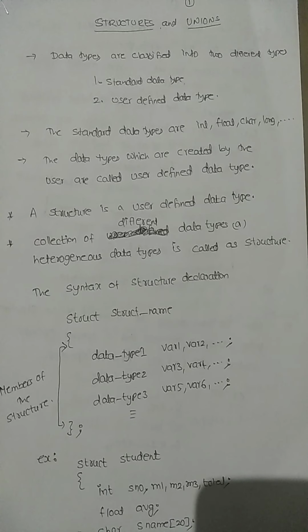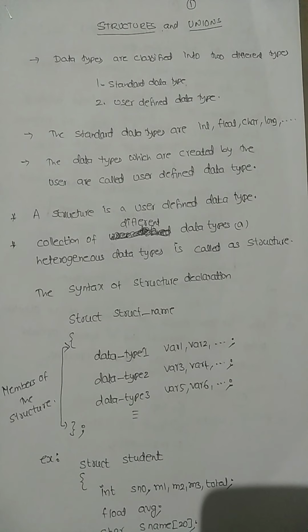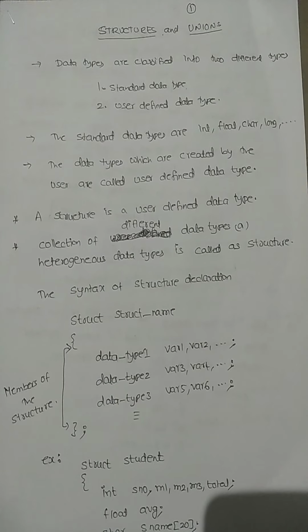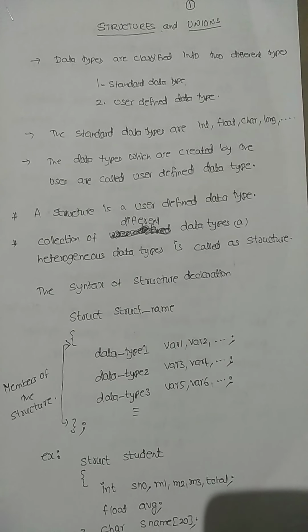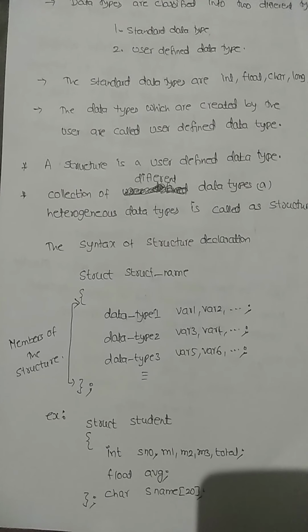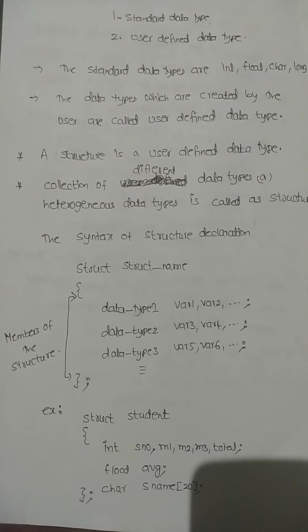Now we have to see how to declare this particular structure. For declaring the structure we are going to use the keyword struct. The syntax for declaring the structure is struct, then the structure name, whatever name you want to give, then open the bracket.